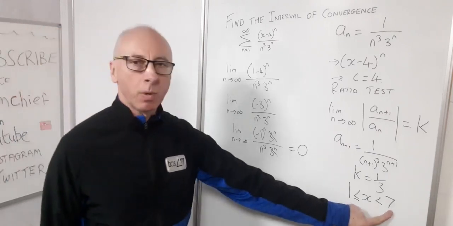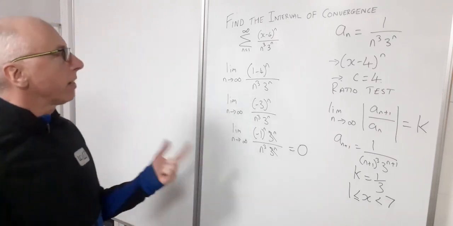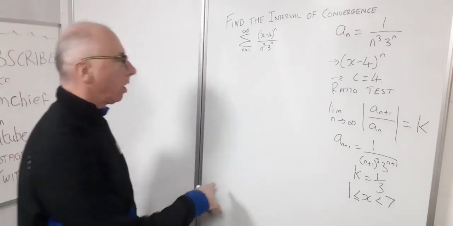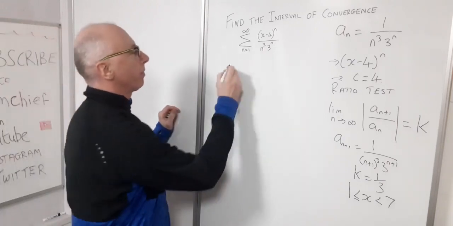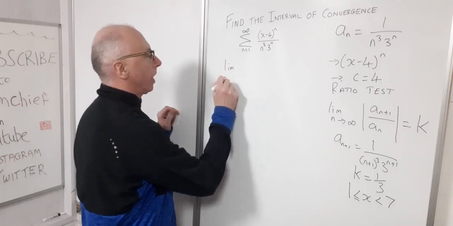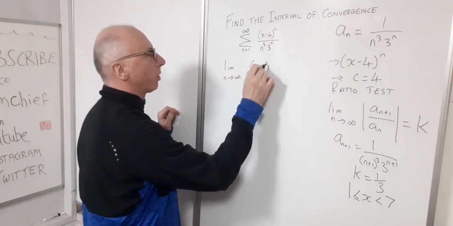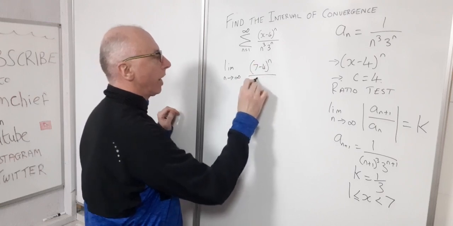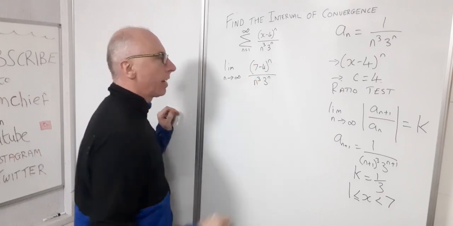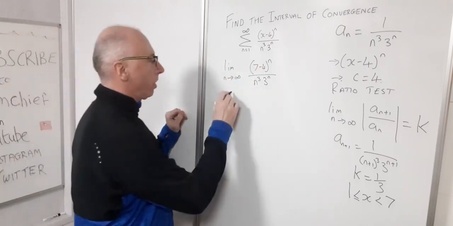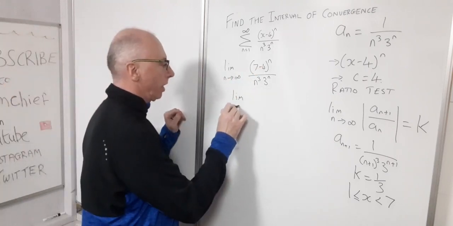Now we need to test what happens when we get 7. So let's take this off the board and plug in 7 and see what we get. Okay, let's plug in 7. So we want the limit as n approaches infinity of 7 minus 4 to the n over n cubed 3 to the n. Now clearly we can rewrite this as 3 to the n in our numerator, so let's just do that quickly.